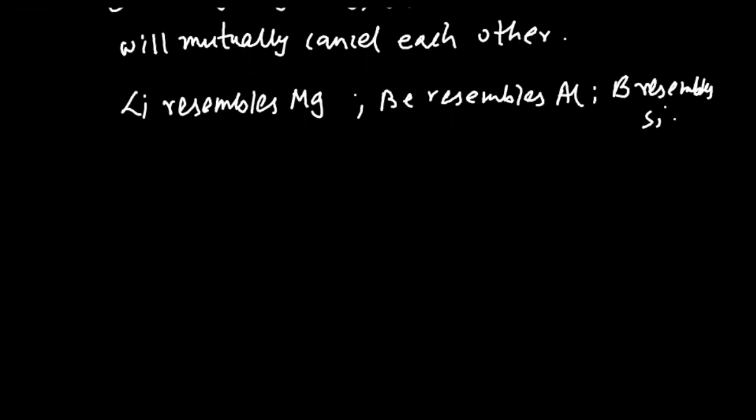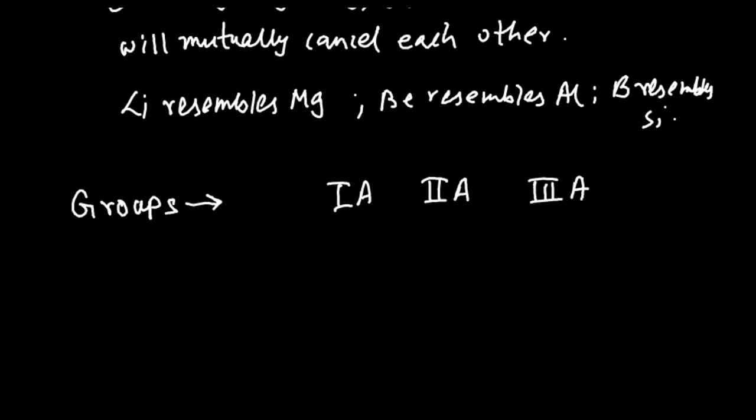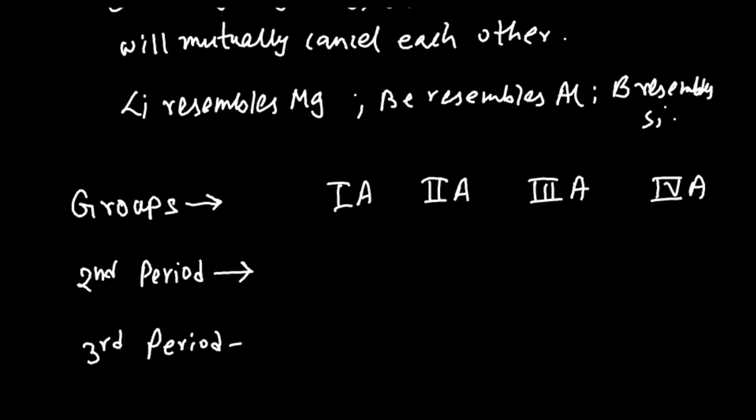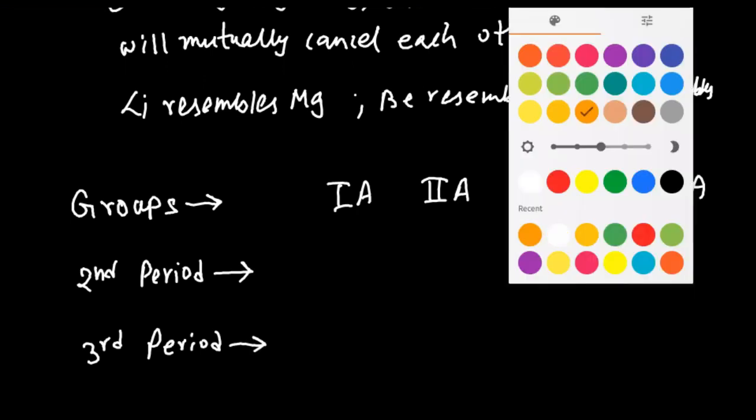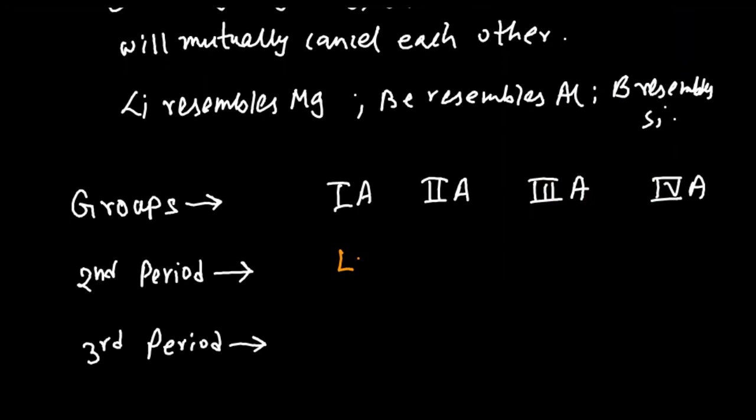How are they arranged? These are the groups: 1A, 2A, 3A, 4A. Next is the second period, and here it is the third period. Now we have to write down the names of the elements. So lithium, beryllium, boron, carbon.